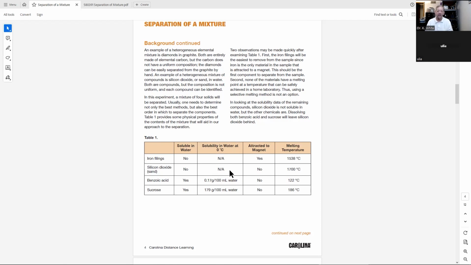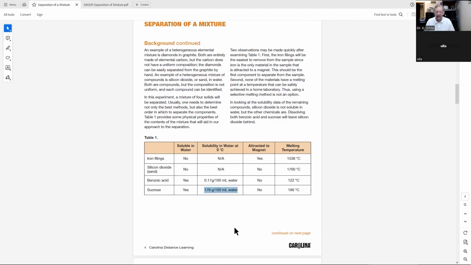But if you look at benzoic acid, when the water is cold, 0 degrees C, it's barely soluble, 0.17 grams in 100 milliliters. But at that same cold temperature, the sucrose sugar is extremely soluble.